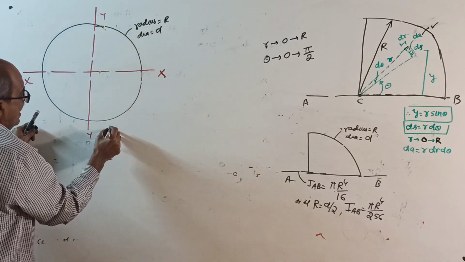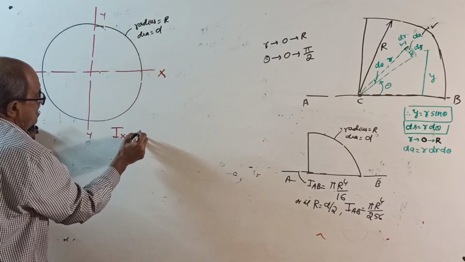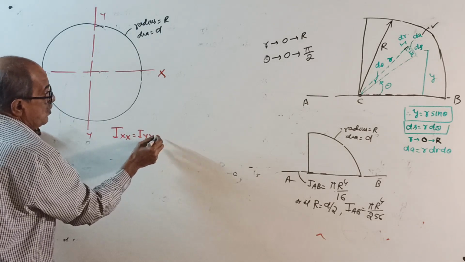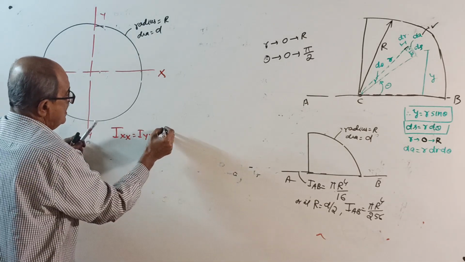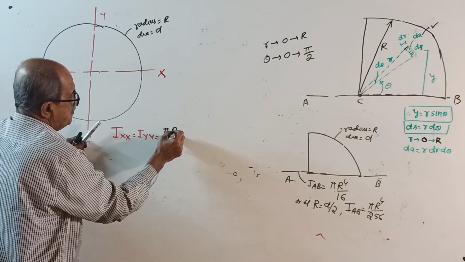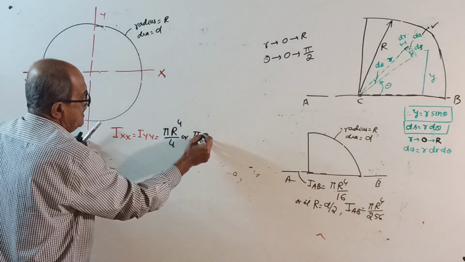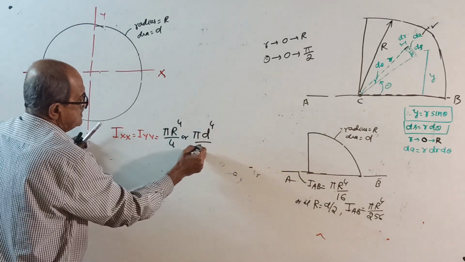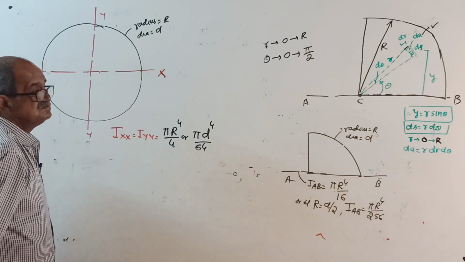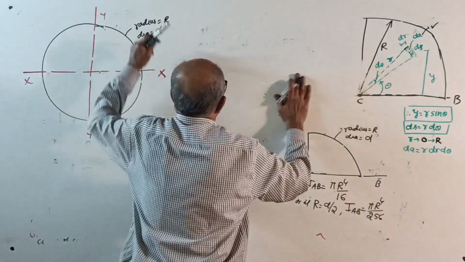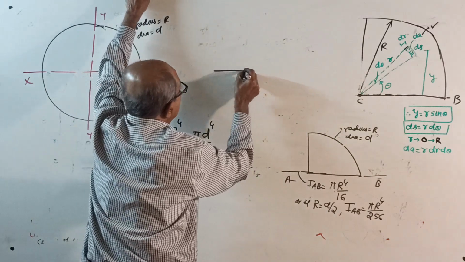Then your I about xx equal to I about yy equal to, just now we got in terms of radius, pi r power 4 by 4 or pi d power 4 by 64. We got the answer.